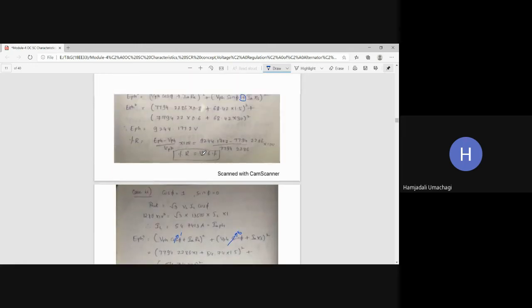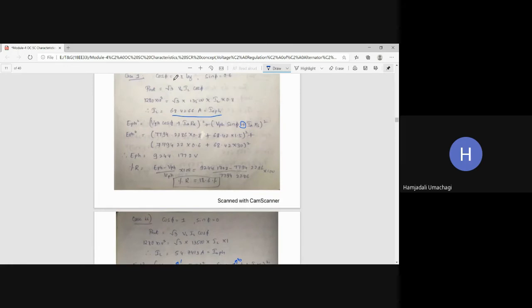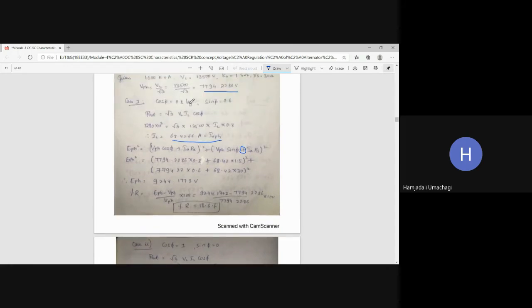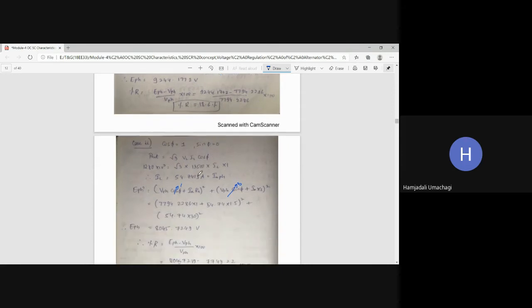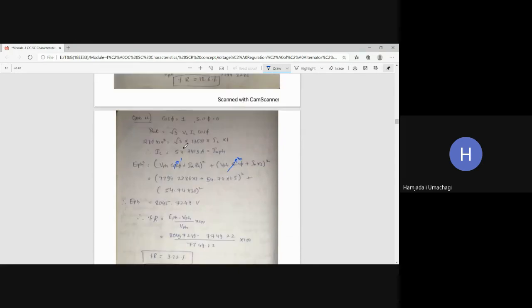Now make the comparison. Since we have calculated voltage regulation for R, L and C, first see the case 1 answer. Case 1 is lagging power factor 0.8 lag, and our regulation value is 18.6. For case number 2, cos phi equal to 1, resistive load, that is unity power factor load, the percentage regulation value is 3.22. Which has the larger value, inductive load or resistive load?